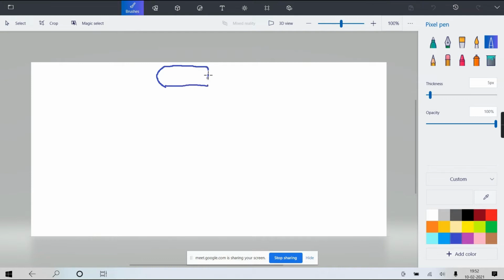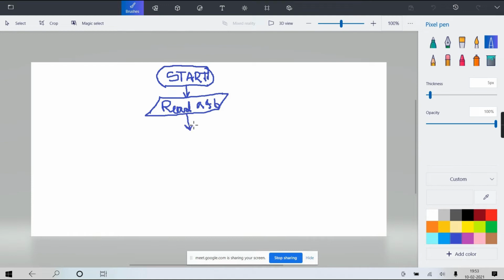This sign indicates start. This will be the start part. Next, addition of two numbers. First we have to accept two values. To accept two values, what will I use? A parallelogram, I said, isn't it? Read A and B.